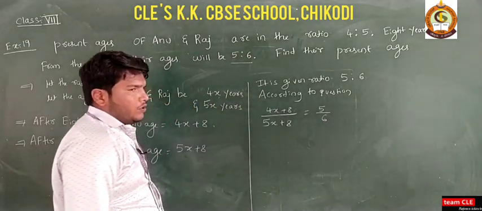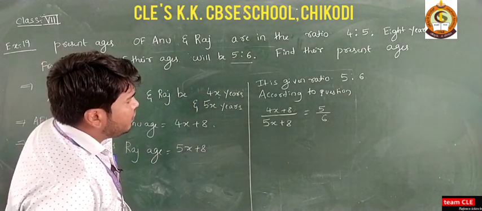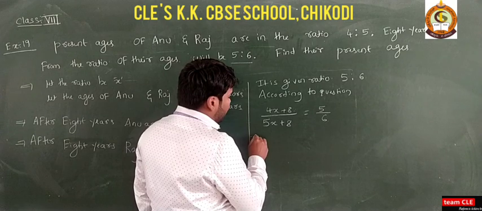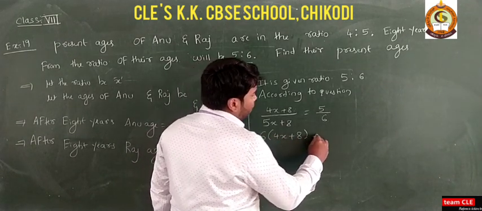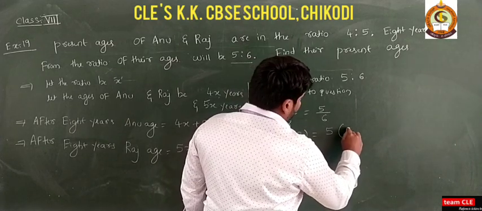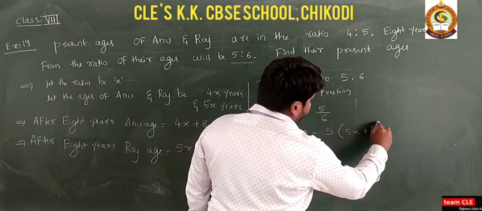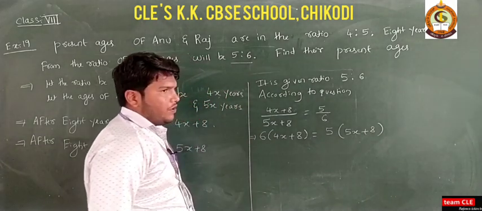So this is according to the question. So this I am going to solve. First you multiply by 6: 6 into (4x plus 8) is equal to 5 into (5x plus 8). Okay, so this will be the first step.